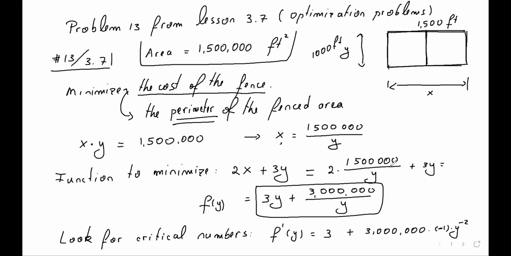So to know that this is a minimum, you can, for example, graph this particular function, and you can see that it does indeed have a minimum when the numbers are 1,000 and 1,500.